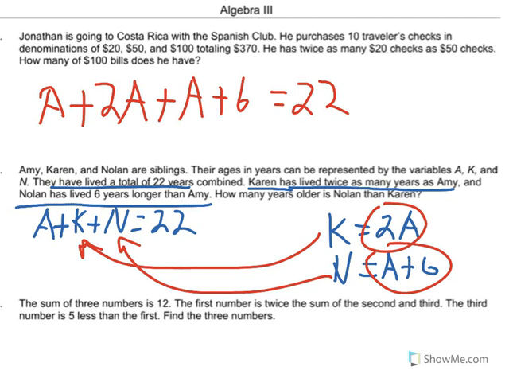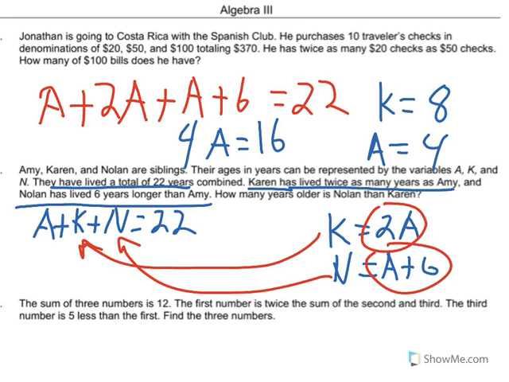I'll get 3A is equal to 22 minus 6, which is 16. That's actually equal to 4. So A is 4 years old, which means Karen is equal to 8 and Nolan is 10.